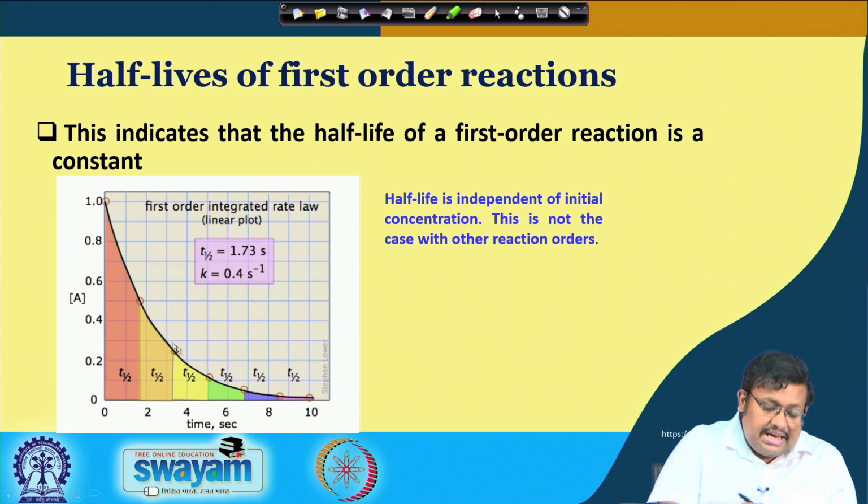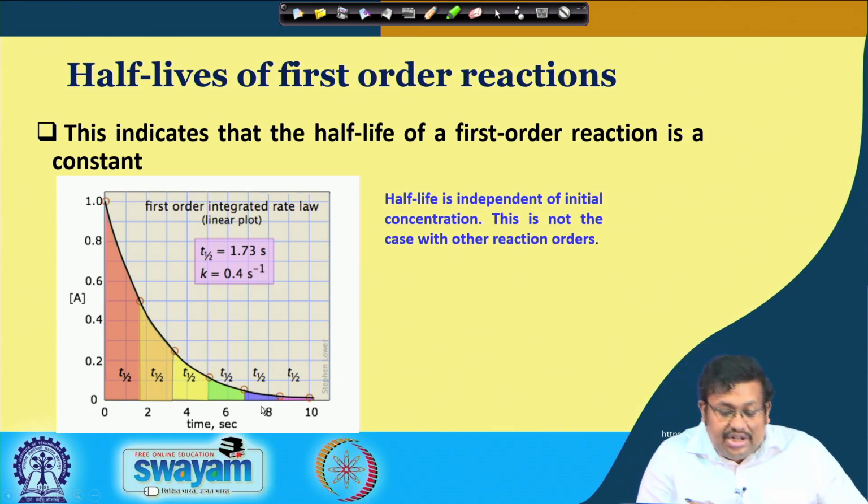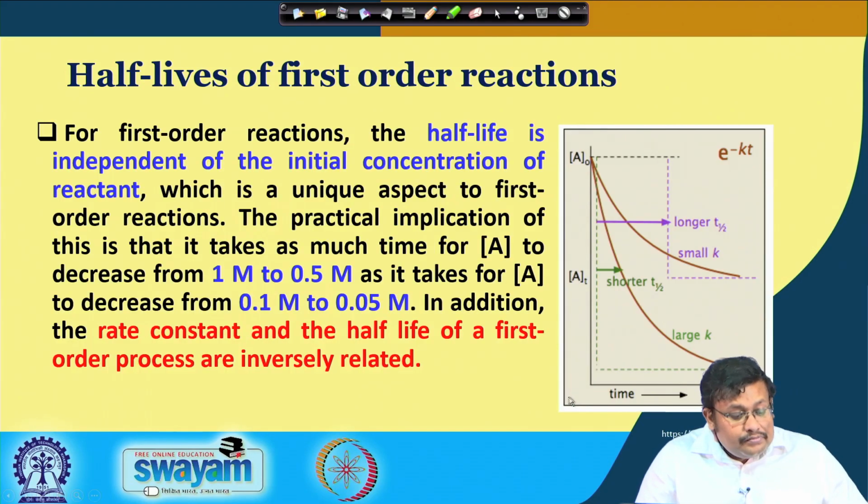This is a first order reaction, and you can see that the T half is constant. So the half life is independent of initial concentration. However, this is not the case for other reaction orders. For example, in case of second order, it depends on other things. In case of first order reaction, the half life is independent.